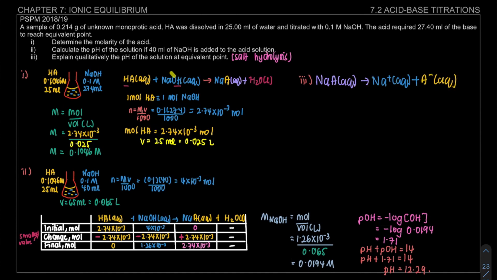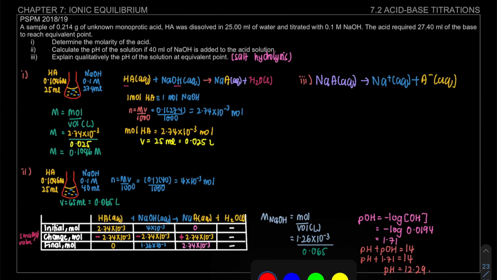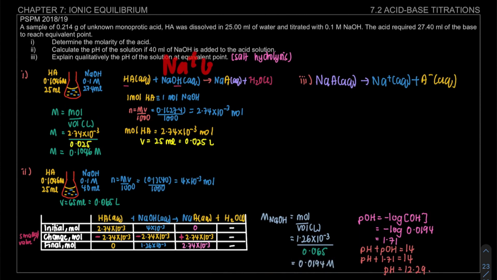Because sodium hydroxide is Na plus OH minus. And HA is H plus A minus. Okay. So, this one. Okay, and then we will react it with water. Again, sodium has electron arrangement 2.8.1. Na plus is 2.8 only. So, it's a stable ion. Already achieved octet, it doesn't want to react. Okay. A minus is the one that will react.